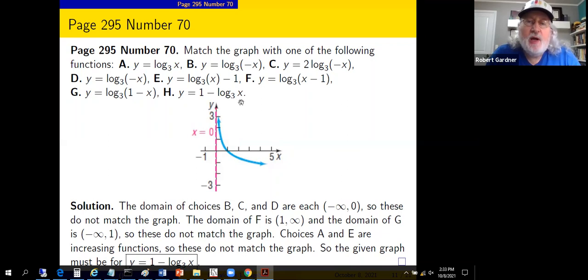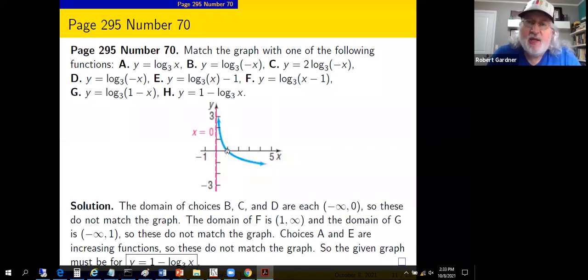If we started with log base 3 of x, it would look something like this. We'll put a negative sign in front of it. That'll flip it over and make it look something like this. Then we're going to shift it up 1 unit.